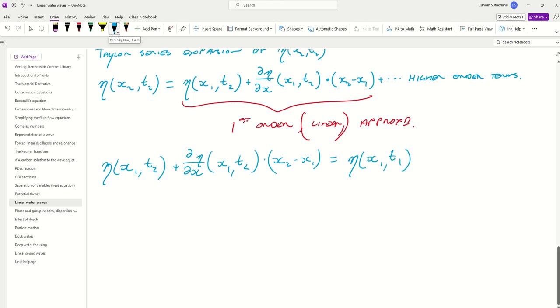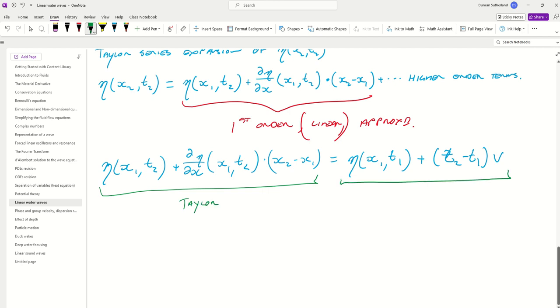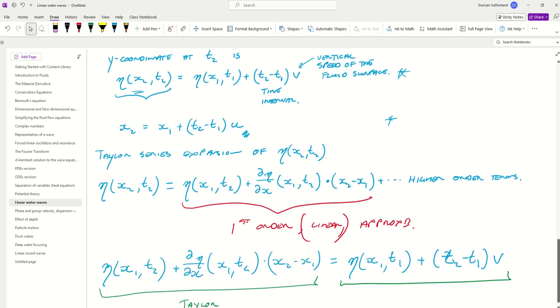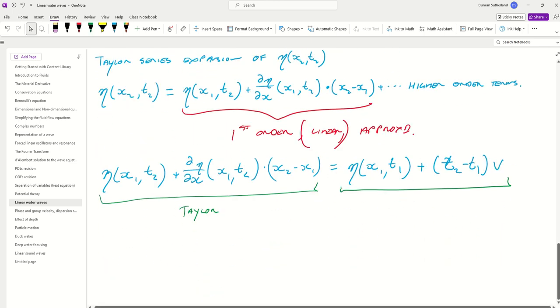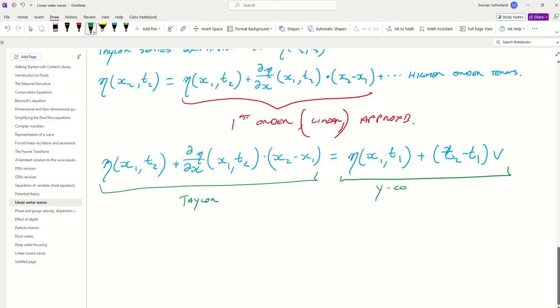Note that now we've got a t1 here, and this is t2, plus (t2 minus t1) v. Right, so this is our Taylor series, and this is our result from the y-coordinate here. And we've just substituted it for that. All right.